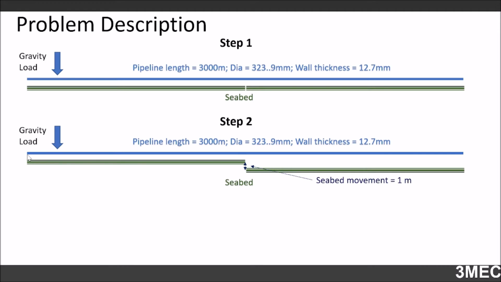The pipeline edge on this side is fixed while this edge is free, and this seabed is again fixed while the seabed moves down without any horizontal motion or any motion orthogonal to the screen. So that's what we're going to do. The pipeline obviously will follow this kind of path, and this will create an imperfection in this area of the pipeline, and that's the area of interest.